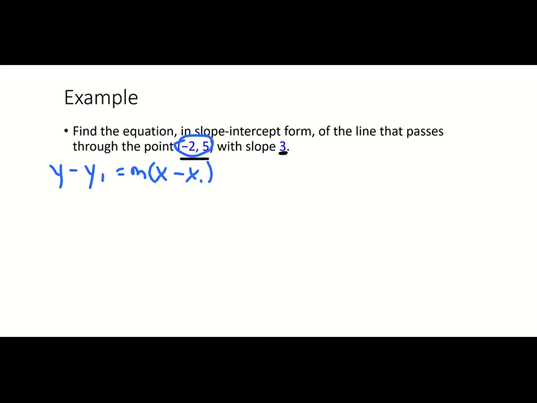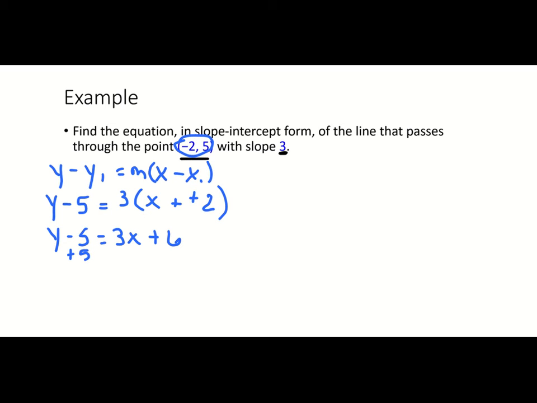So I'm going to end up with y minus 5 is equal to, my slope is 3, so 3 times x minus a negative 2. And then on the inside, that minus a negative 2 becomes plus 2. And now what I'm going to do is distribute the 3. So I'm going to have y minus 5 equals 3x plus 6.